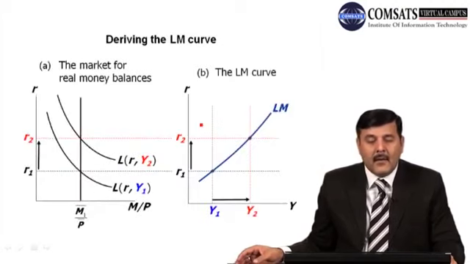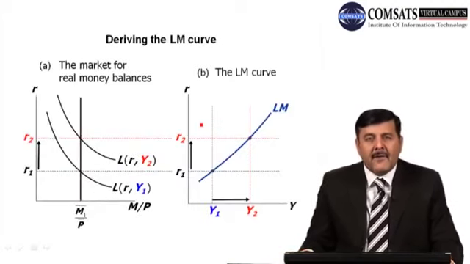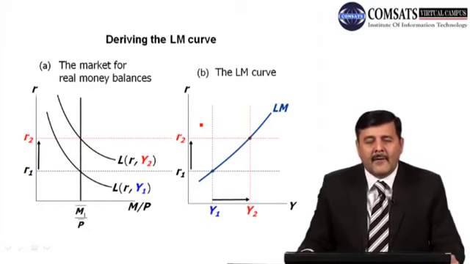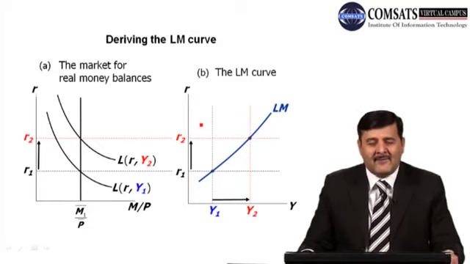Now how can we derive the LM curve by using this equilibrium in the money market? We have two graphs on this slide. Graph A is the market for real money balances, and B is the LM curve. We are measuring R, the rate of interest, on the y-axis in both of the diagrams, and income on the x-axis.